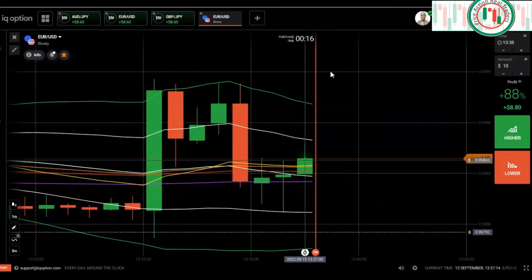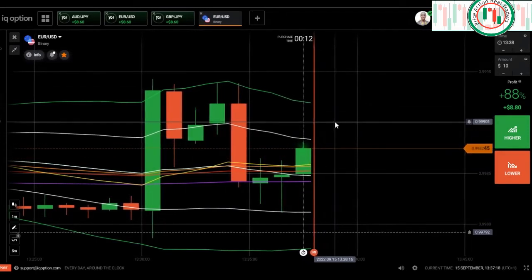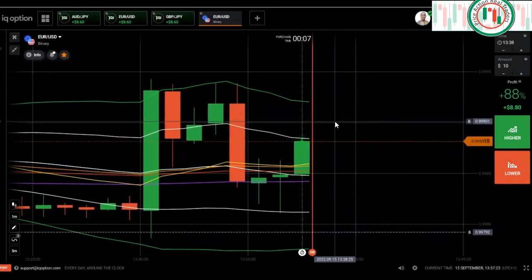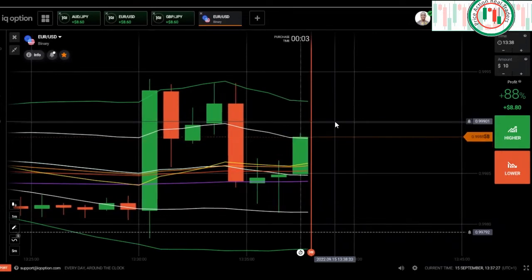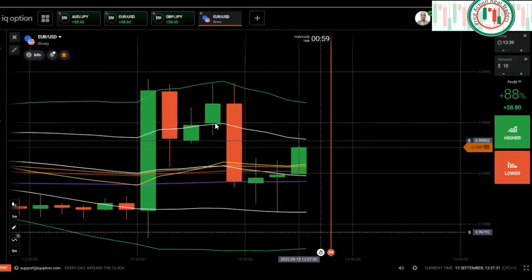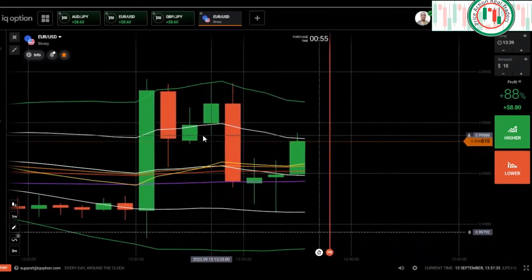So you see very strong rejection. And here is the zone.